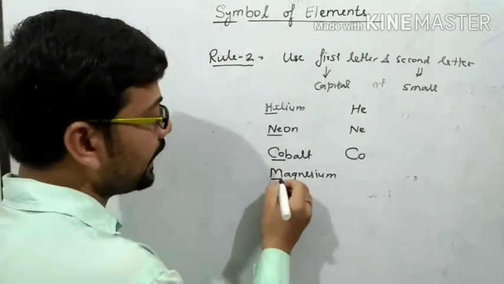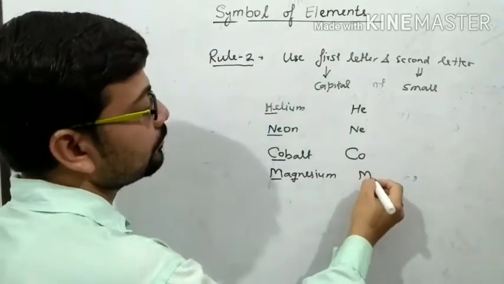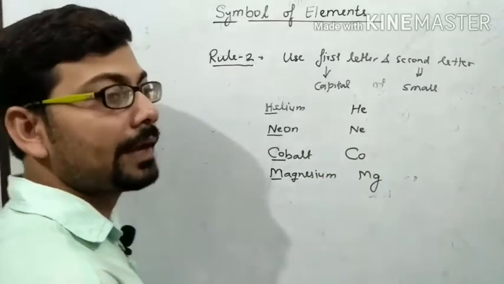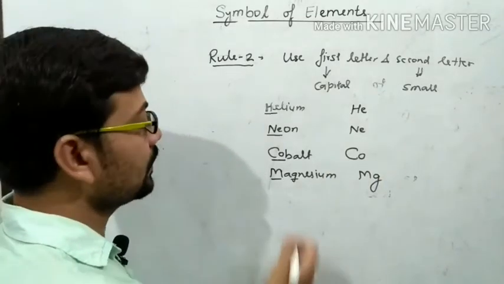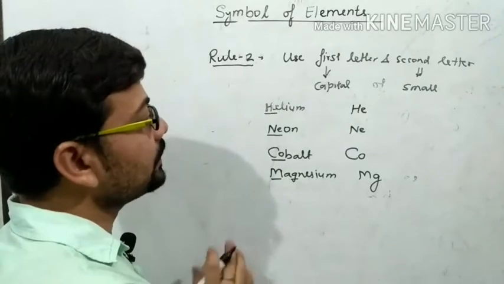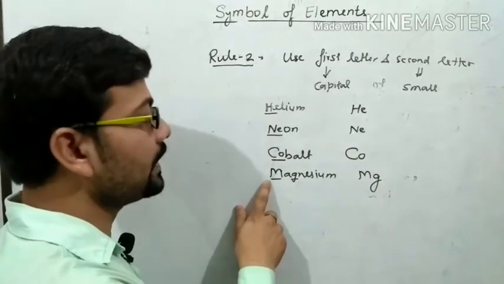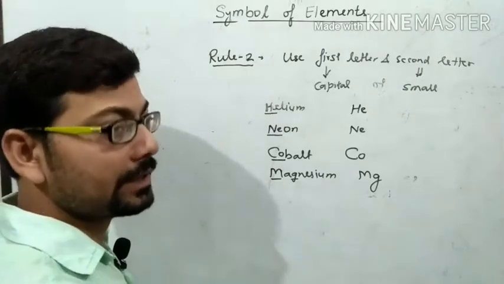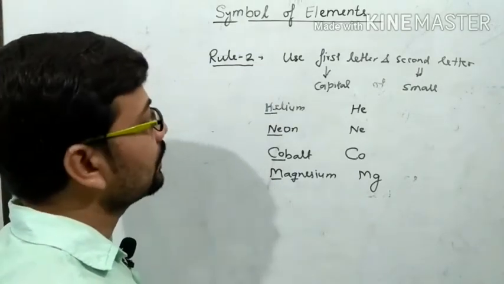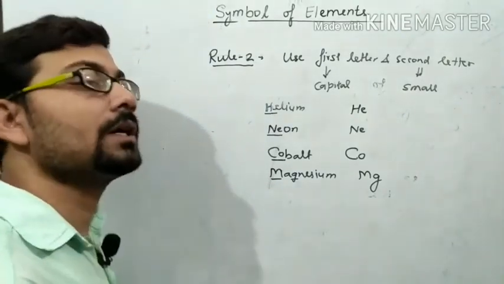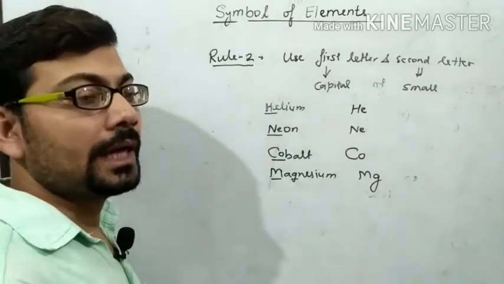Here we use M and G, so the symbol of magnesium is Mg. Similarly, these are written with the first letter as well as the second letter. So this is the second rule for writing the symbol of an element.